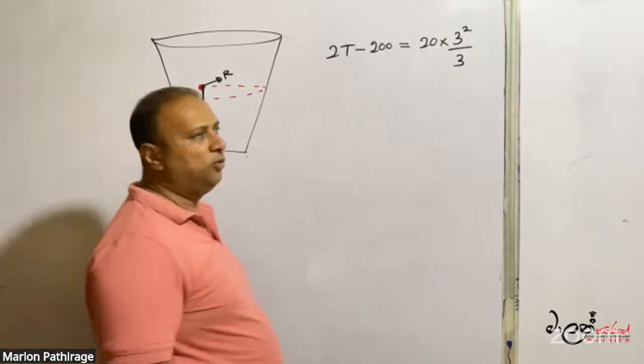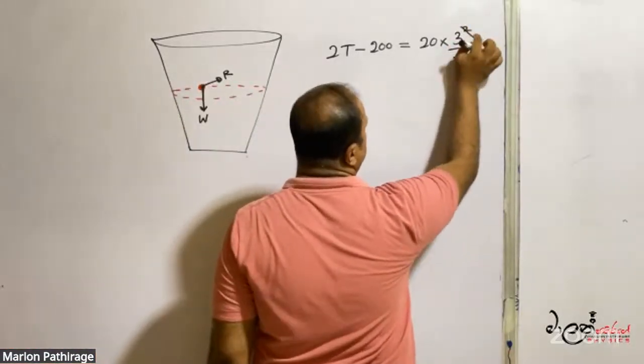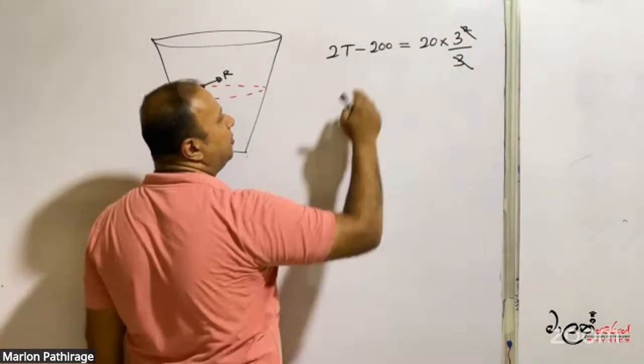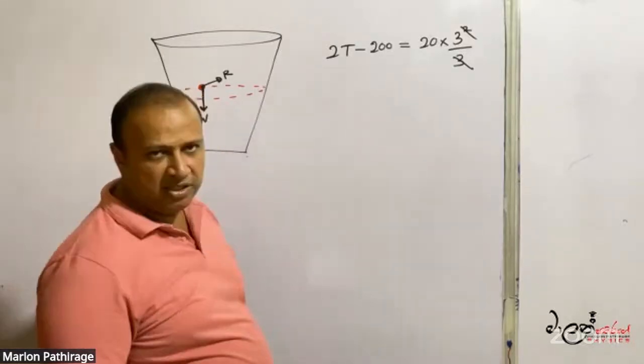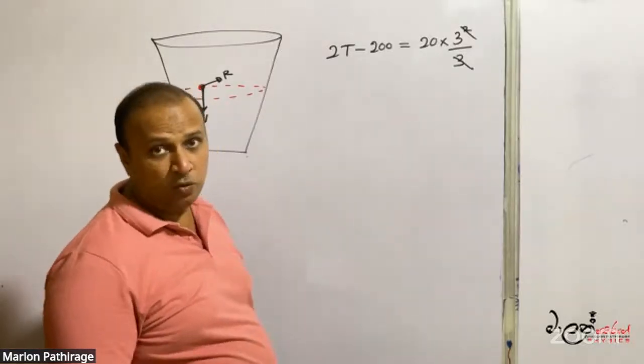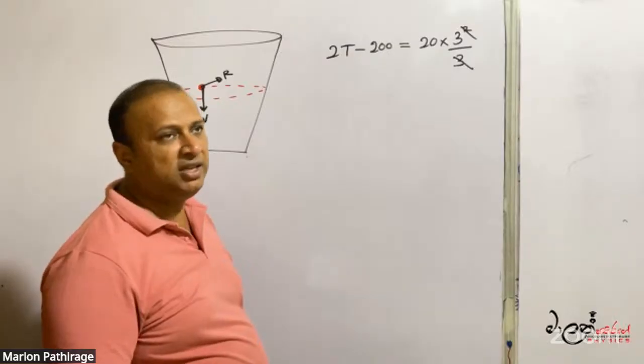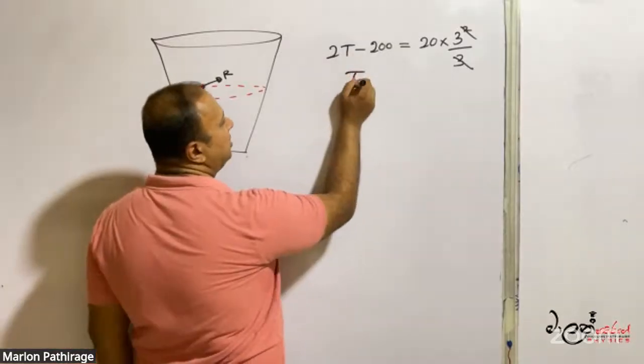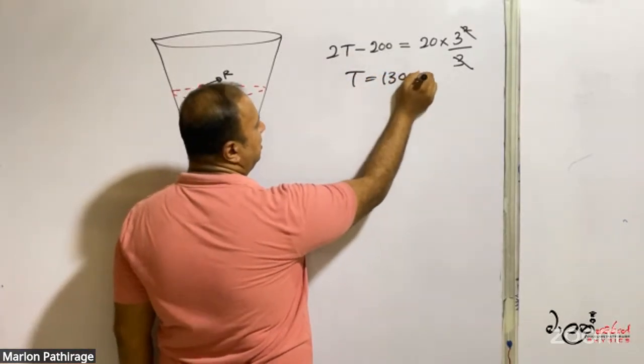Therefore, the 3 and 3 cancel out. This is 60. Therefore 2T is equal to 260, which means T is 130.